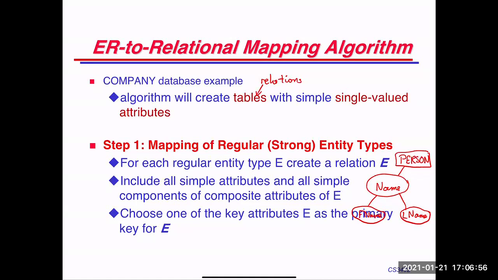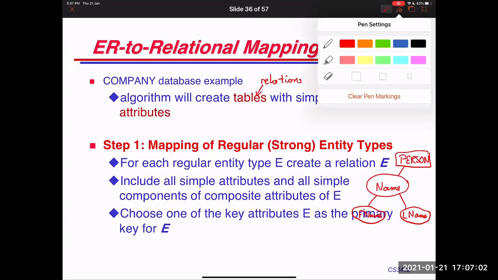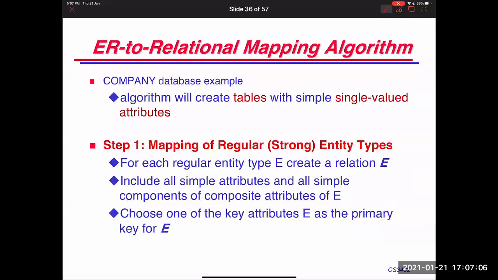And what do we do with the keys? Well, we choose one of the key attributes of E as the primary key for our new relation. As I mentioned, we might have multiple key attributes in the ER model for an entity, but we can only choose one as the primary key, and we're going to underline that one in our relational model.